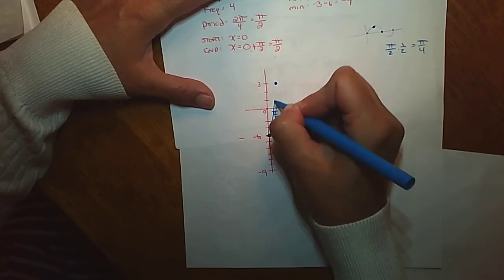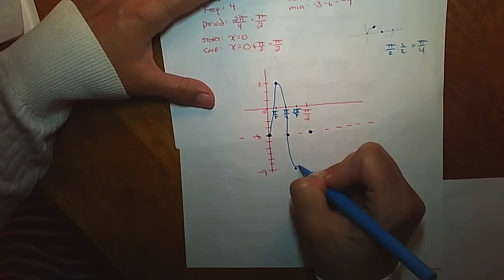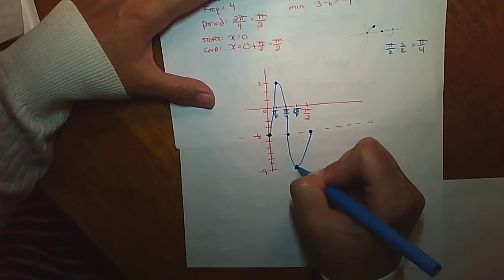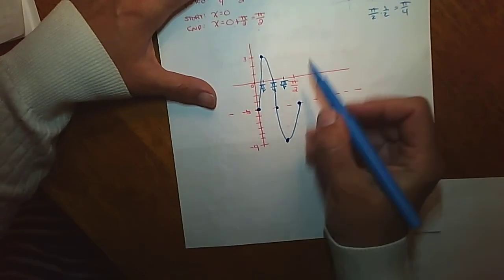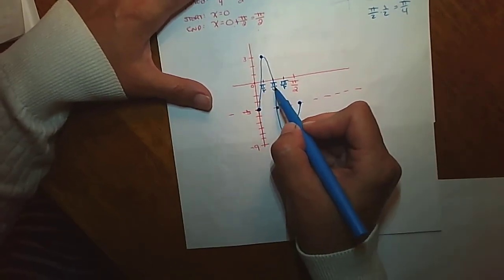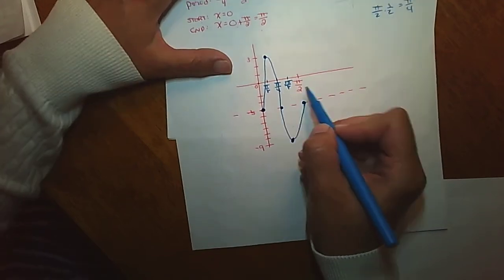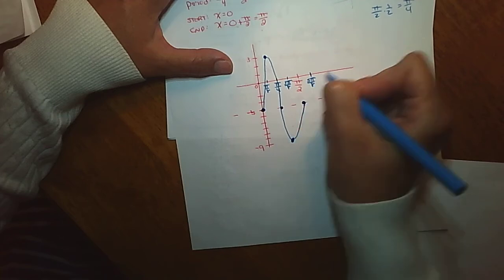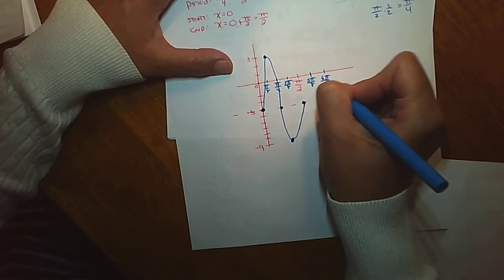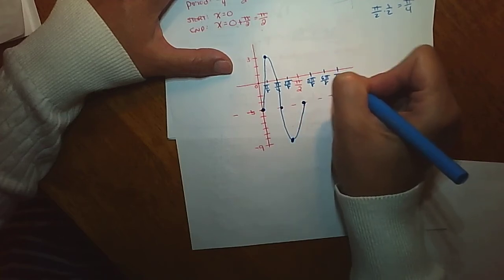So here's our graph. Now, the trick here is I asked you to graph out to pi, which means you have to keep going. So 1 pi over 8, 2 pi over 8, 3 pi over 8, 4 pi over 8. Then we're going to do 5 pi over 8, 6 pi over 8, 7 pi over 8.